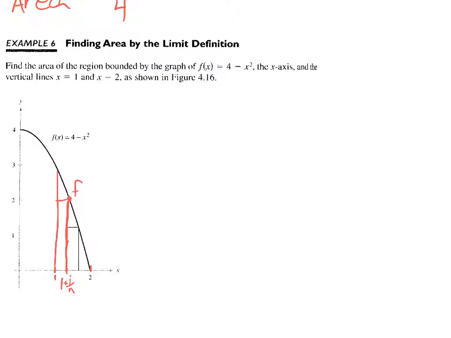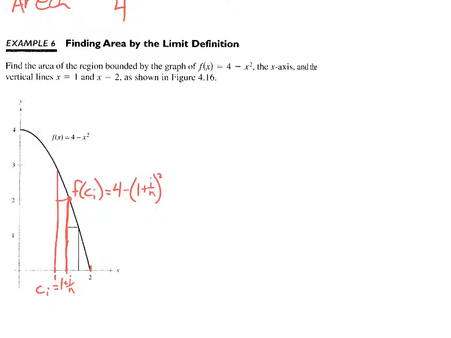In our case, f of c sub i, our arbitrary value of x, is going to be 4 minus (1 plus i over n) quantity squared, because our function is 4 minus x squared.